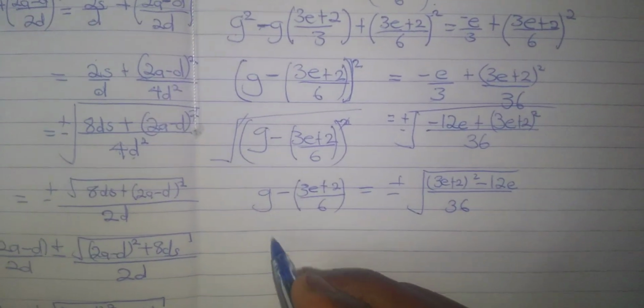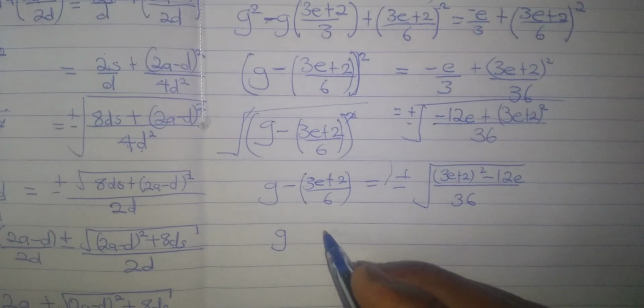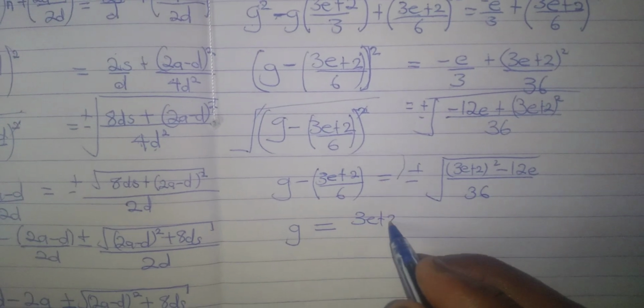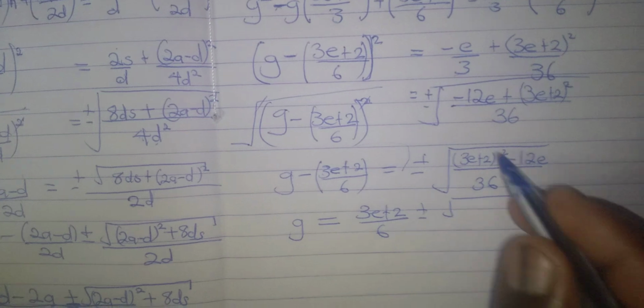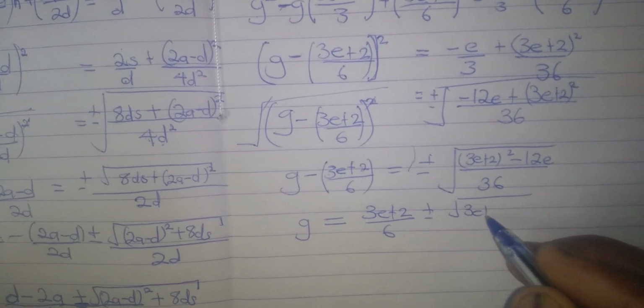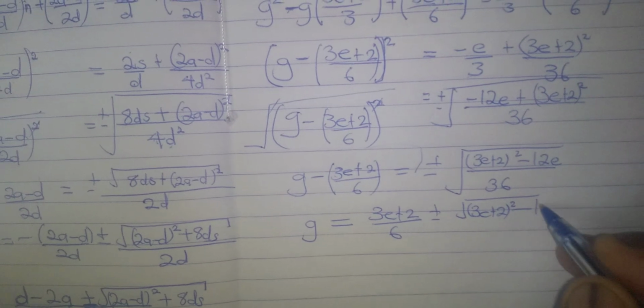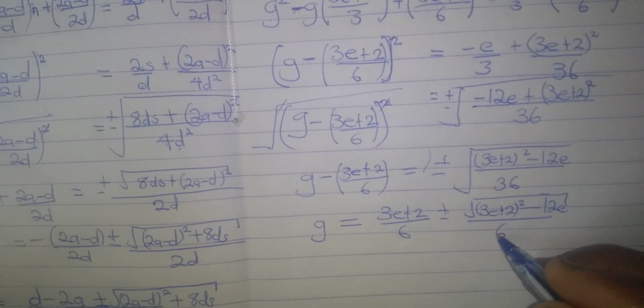So make g the subject. How? This one crosses the equal sign and comes here. It becomes now a positive 3e plus 2 over 6 plus or minus the square root of that, which cannot be gotten. Leave it the way it is, minus 12e. Then the square root of 36 is a 6.